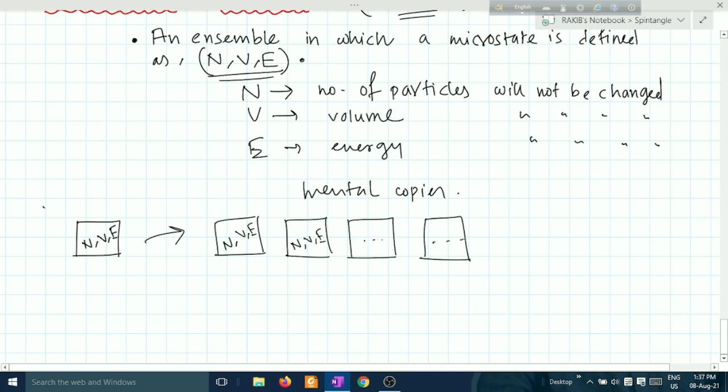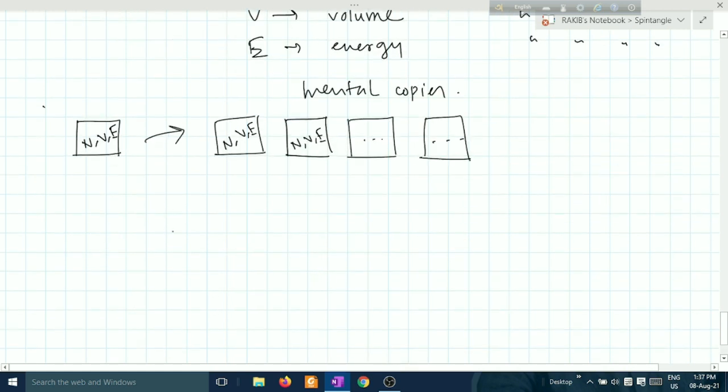To make this happen, consider the walls of the system. Say this is a box. In this box, there are some particles at some temperature, some energy, some volume. This is in some NVE.